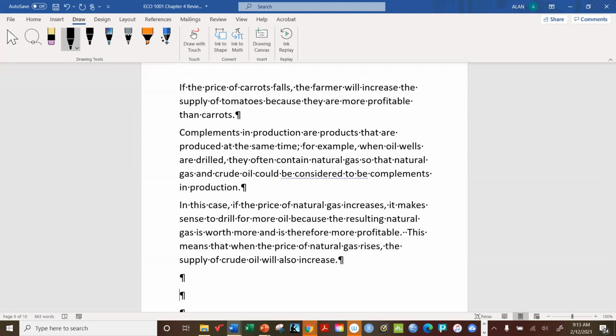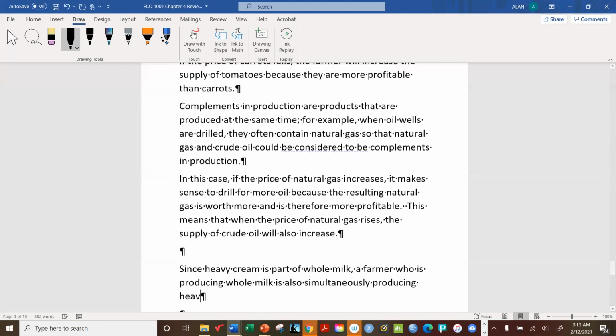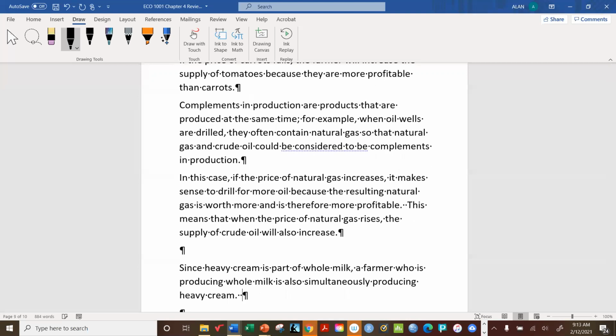So in that case, since heavy cream is part of whole milk, a farmer who is producing whole milk is also simultaneously producing heavy cream without, you don't have to go out of your way to make it.